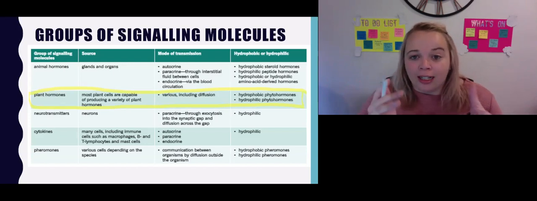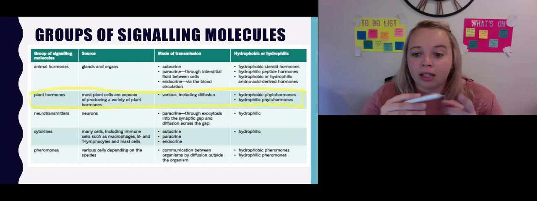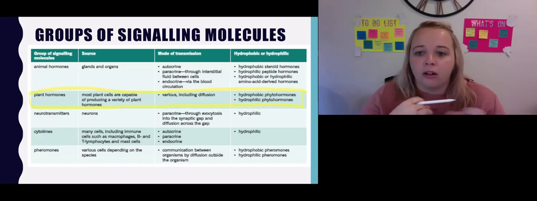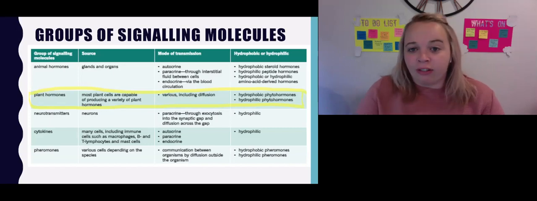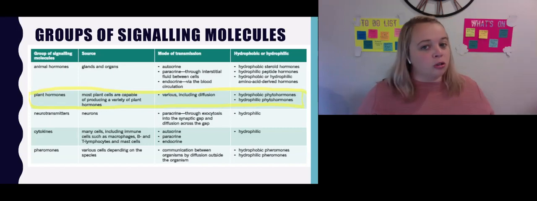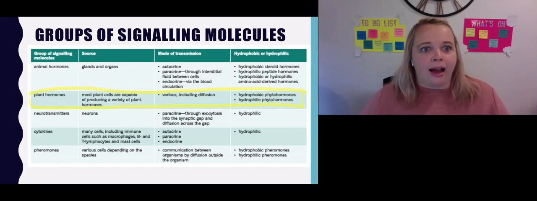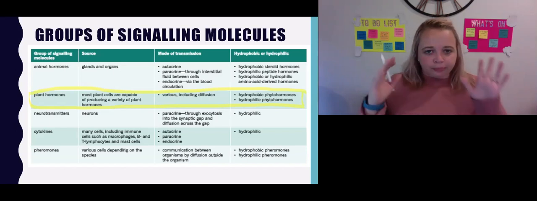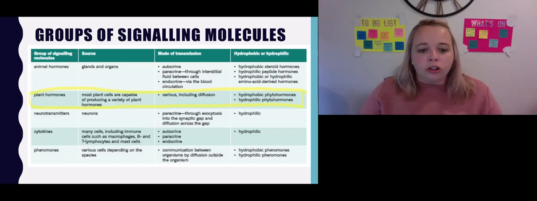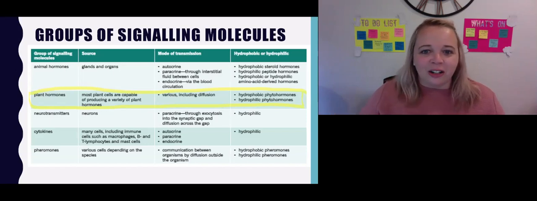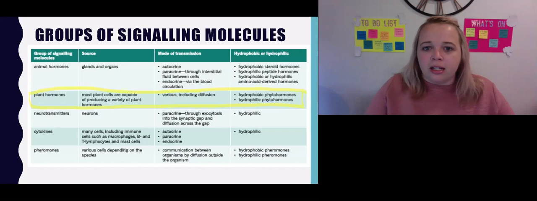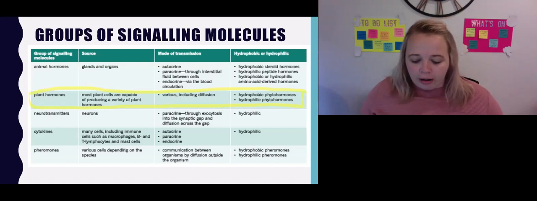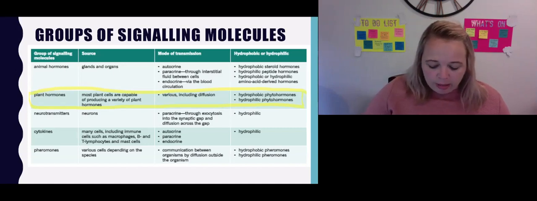They're also unlikely to ask you whether or not the hormones in general are hydrophilic or hydrophobic, because they can be both. If they give you that information in the question, you will have to use that to talk about how the signals are transmitted. But other than that, you don't have to identify the fact that all plant hormones are hydrophilic or hydrophobic, or all plant hormones are done by autocrine or paracrine or endocrine means.